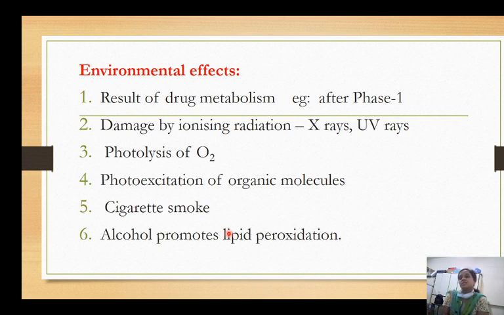The free radicals themselves are very active in promoting this, but in the presence of alcohol, that will be enhanced to a greater extent. So the environmental factors are drug metabolism, damage by ionizing radiation, photolysis of water that forms H plus and OH minus, photoexcitation of organic molecules, cigarette smoke, and alcohol promoting lipid peroxidation.